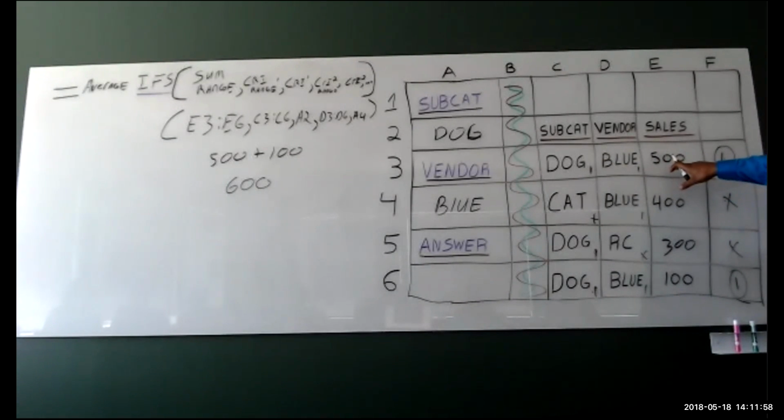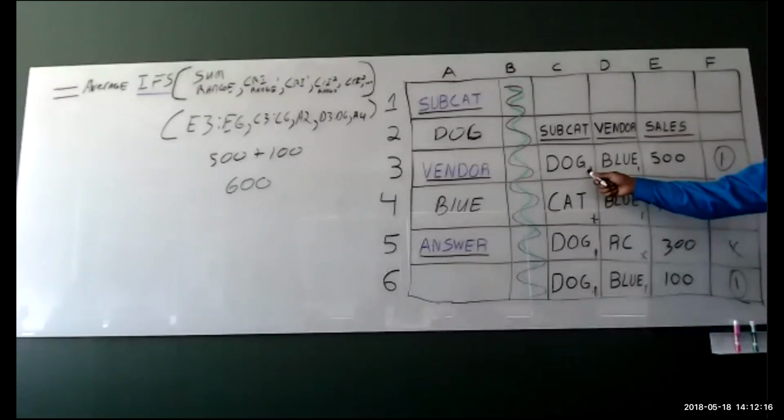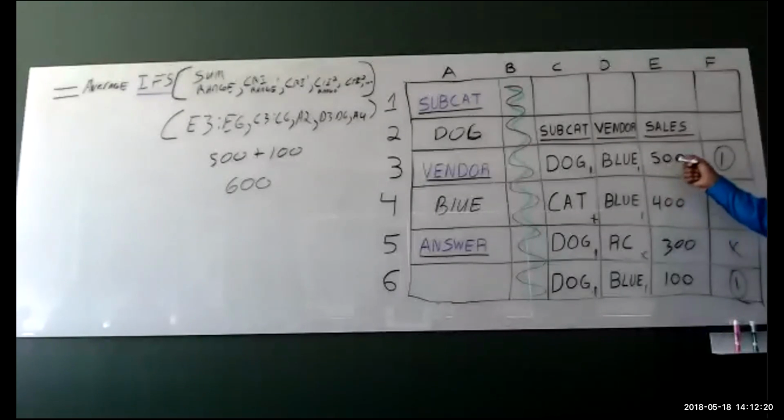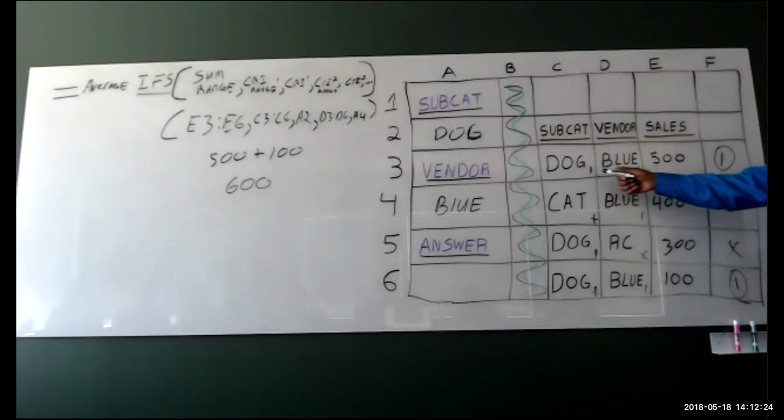If there's an error in this cell, it'll give back an error. But if it's blank, it's going to count it as 0 in an average function. Just like in a sum function, it will count it as 0 because it's averaging the occurrences in which it found it. It's not averaging the total numbers like a count is.